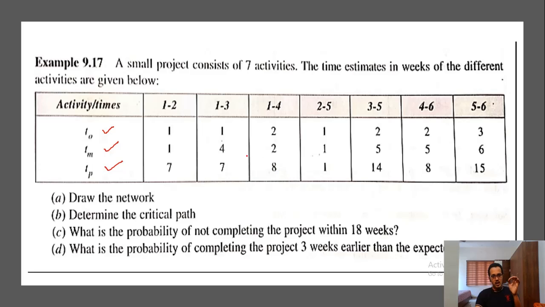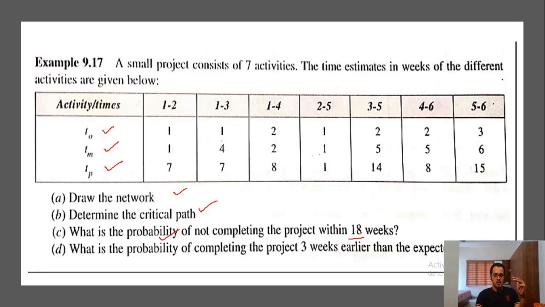So you have the values of TO, TM, and TP for all the activities, and we have been asked to draw a network based on the values, find the critical path, and then, coming to the third part, we have been asked to calculate the probability of not completing the project within 18 weeks.